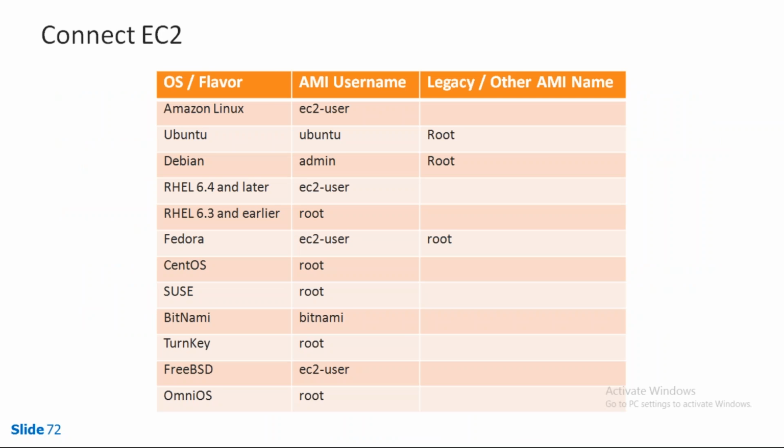Then connect EC2. So these are the usernames. You can have a copy of this. So what was the username we have? What is the username we are always logging into our Amazon Linux with? That is ec2-user. So this is the list of usernames and AMI names, legacy or other AMI names if you want to use them.